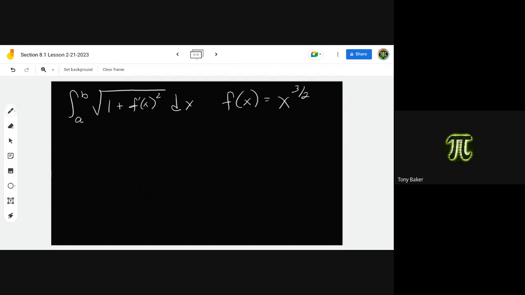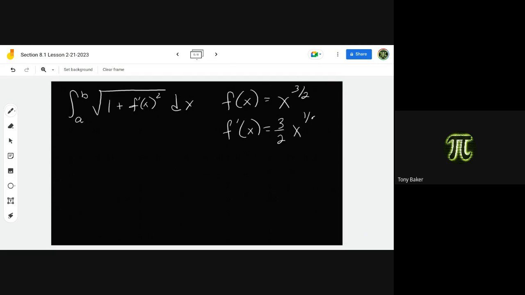All right. So the first thing I have to find is the derivative. I need f prime of x. So what's the derivative of x to the 3 over 2? Remember, for the derivative, you bring down the exponent and subtract 1 from it.